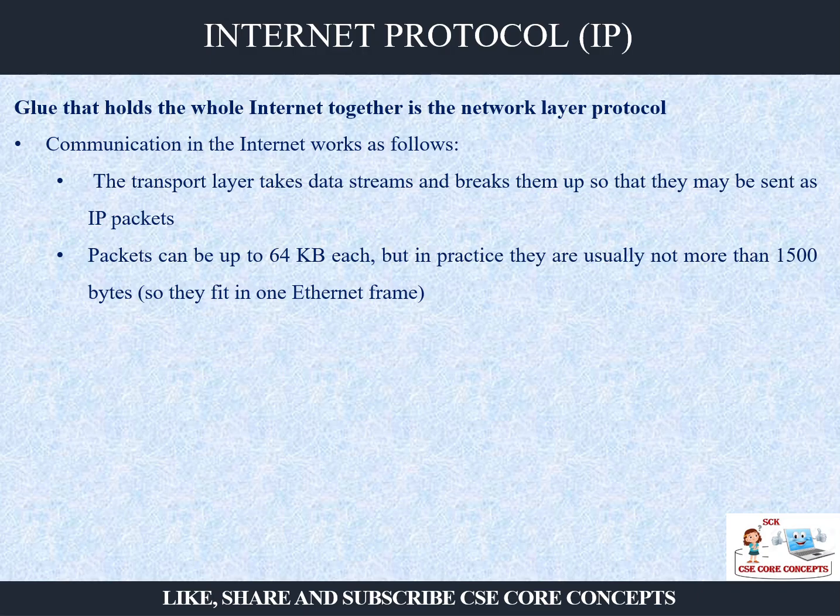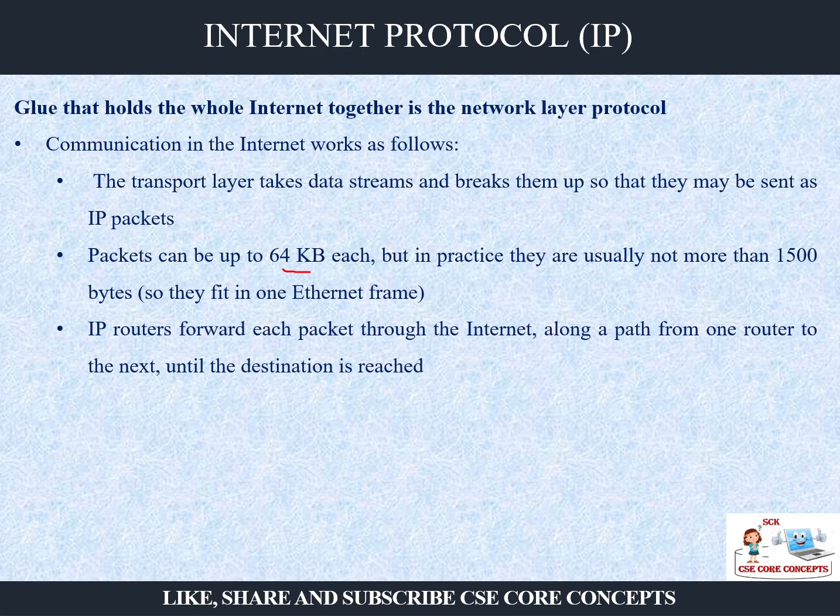The transport layer, you come from the application layer if you are considering from there. The transport layer takes data streams and breaks them up so that it can send them as IP packets. These IP packets can be up to 64 KB each, but in practice they are not much bigger. They cannot be more than 1500 bytes so that they fit in an Ethernet frame, that is, in a local area network.